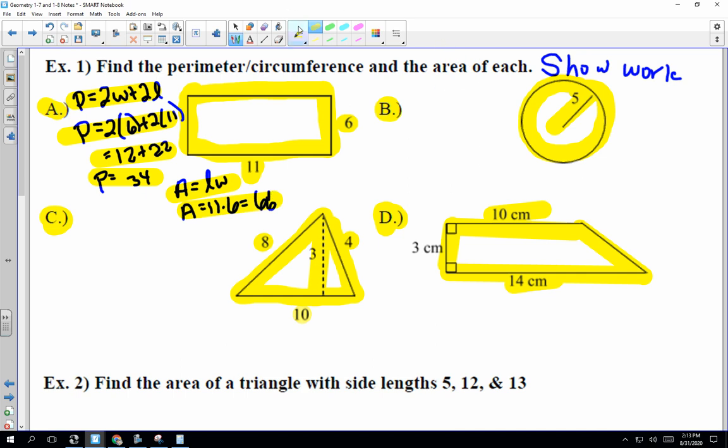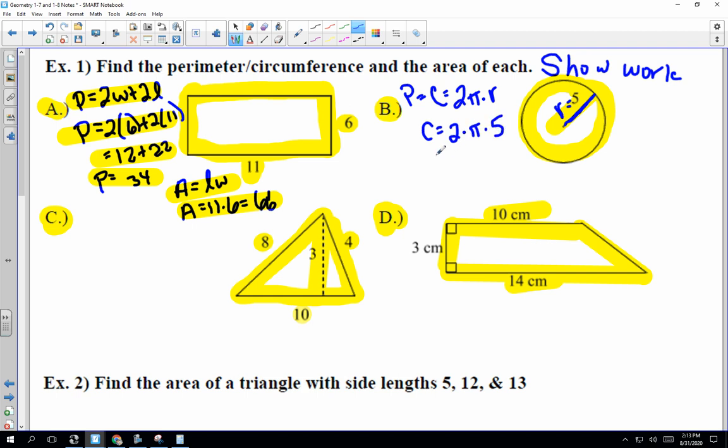All right, B. Yay for B. We're going to find the perimeter, which for us is the same as circumference. That is 2 pi times the radius. We see here, because it only goes halfway across the circle, we see that the radius is 5. So it's 2 times pi times 5.